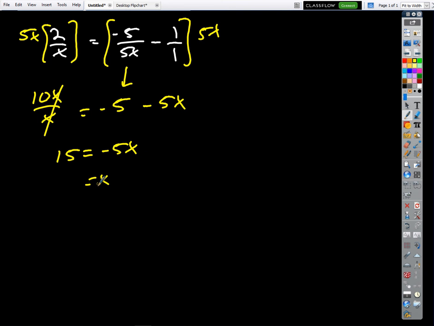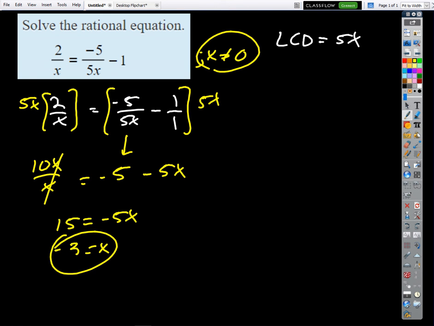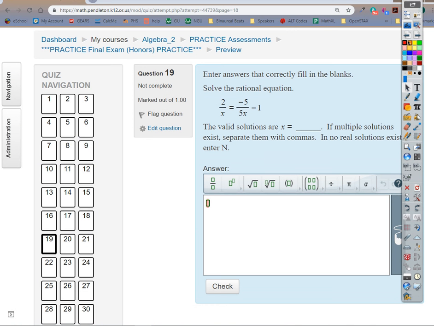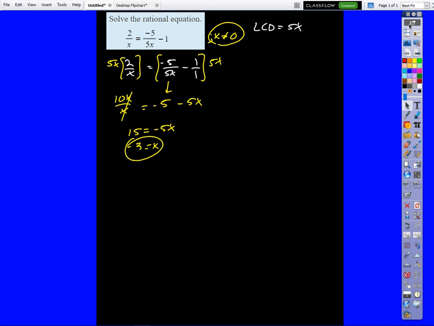What's x equal to? Negative 3 is not an excluded value, so that's our answer. Okay? Is that number 19? That is number 19. Go back to that.